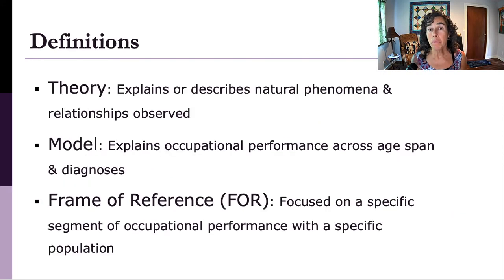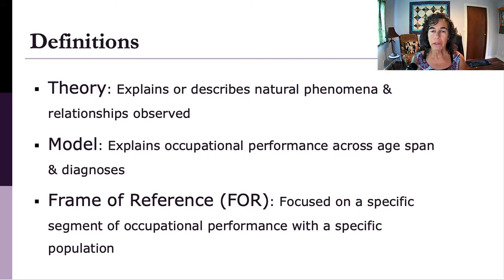Before we move forward, it's important to differentiate between those three terms. So here are some definitions, and they're important for you to know. A theory explains or describes natural phenomena and relationships observed. So a theory is kind of a big construct.